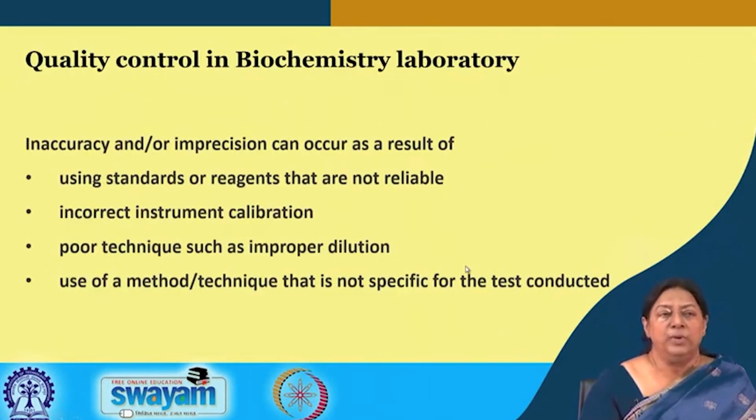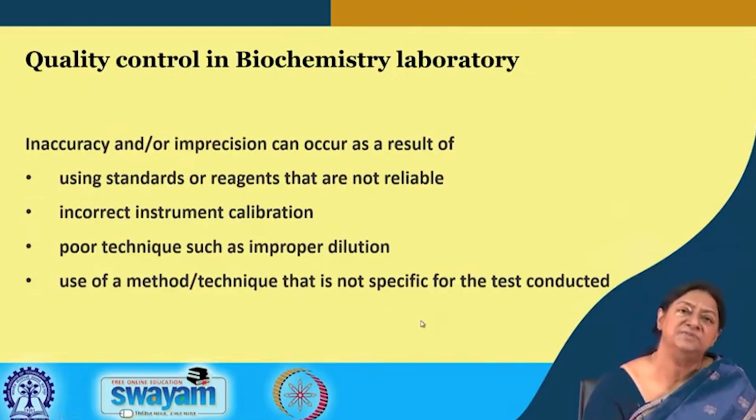Now, we need a sense of accuracy and a sense of precision in the biochemistry laboratory, because inaccuracy or imprecision can occur as a result of using standards or reagents that are not reliable, incorrect instrument calibration, poor techniques such as improper dilution, and the use of a method or technique that is not specific for the test that is being conducted.